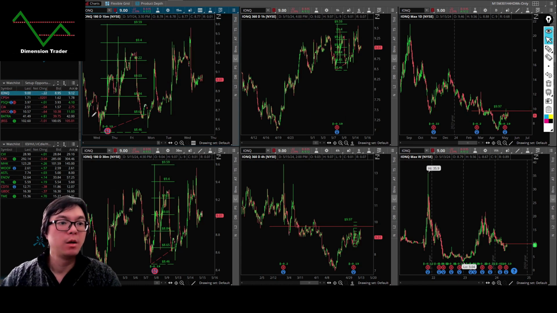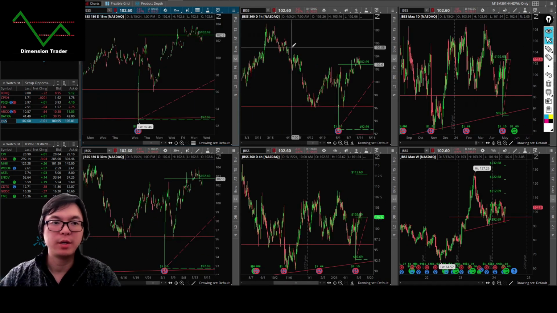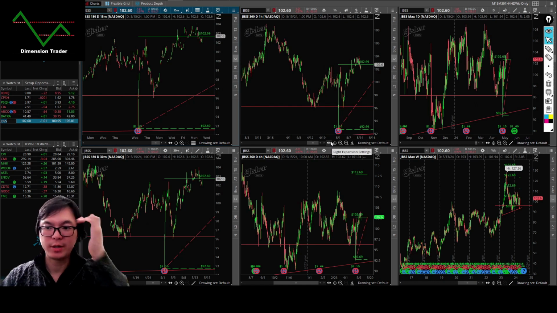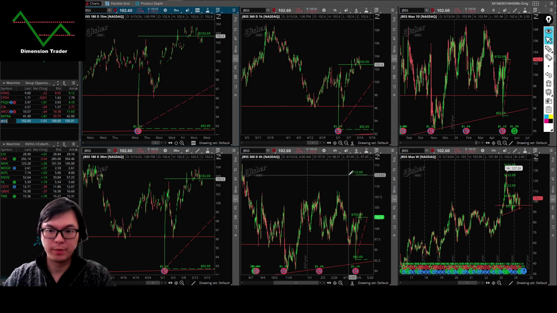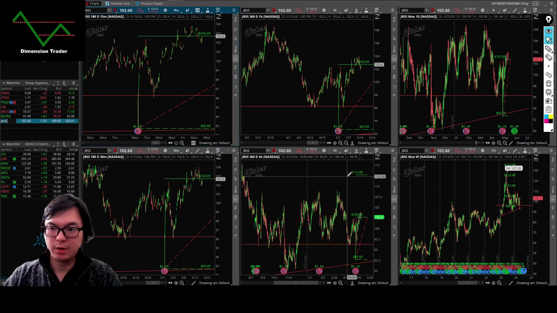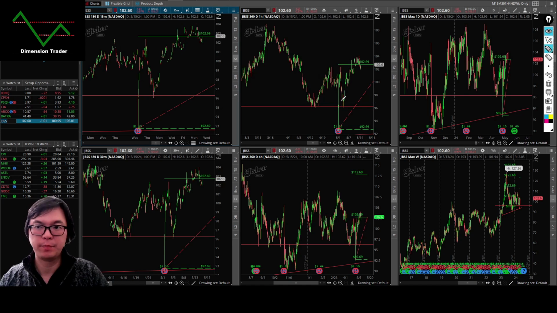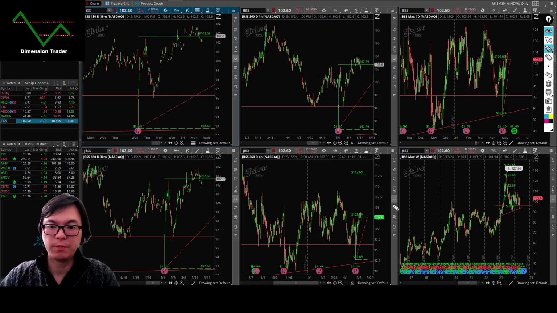Okay, let's do one more. JBSS. This is the pair that we recognize could be a possible continuation setup, but according to the time frame, it's going to be much wider. Why is that so?